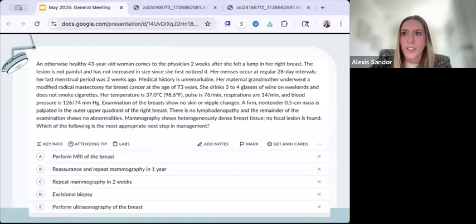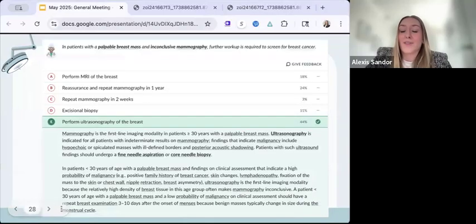I'll give you guys a couple more seconds. Anyone else want to give it a go? We have a mix of E, B, and D. But most are saying E. All right, I will go on. So those who said E, you are actually correct.